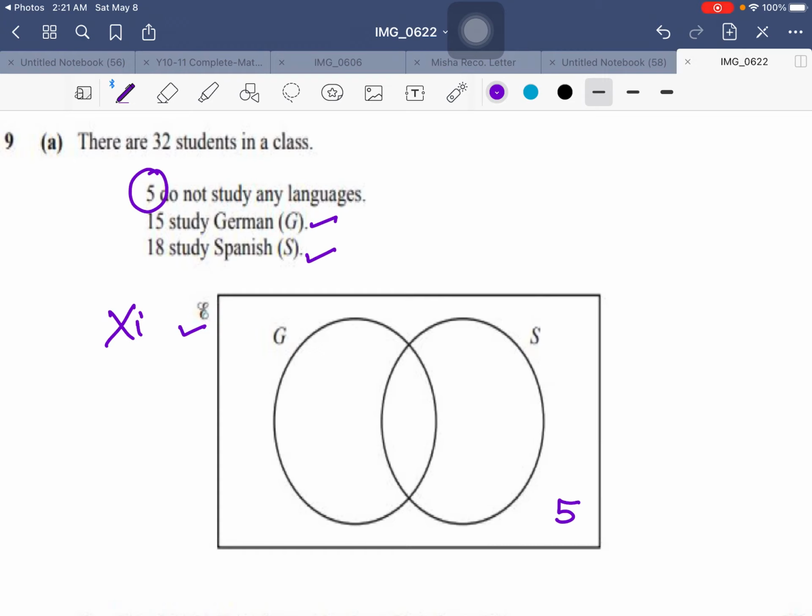Now 15 students study German, 18 study Spanish. It means we need to find the common area, which is called the intersection. How many elements are inside the intersection area? We have to apply the addition theorem.